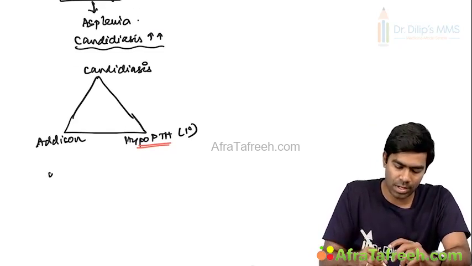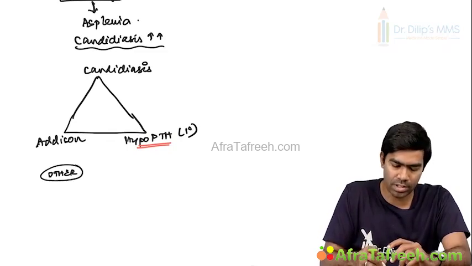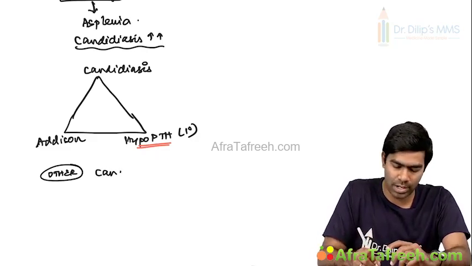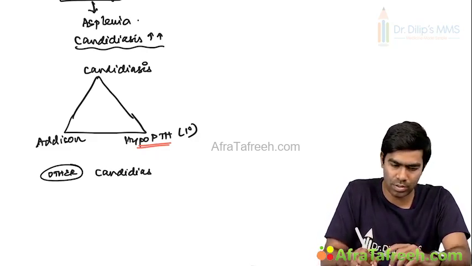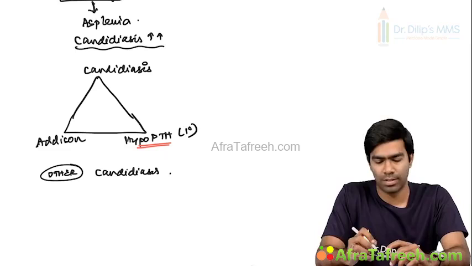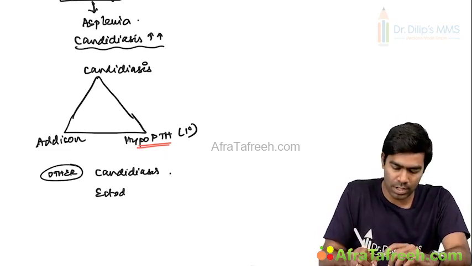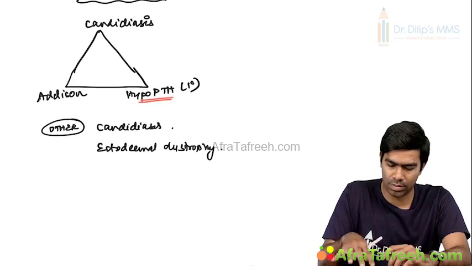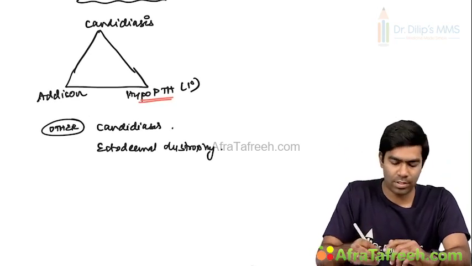At the same time, if they ask you whether there are any other features you can think of when you think about APS type 1? Yes, I'm going to think about candidiasis, that is due to asplenia. At the same time, I can also think about ectodermal problems. They tend to have ectodermal dystrophy. So what is the evidence of ectodermal dystrophy?